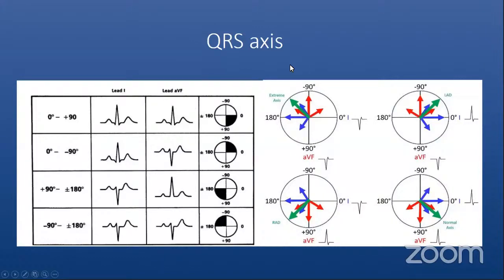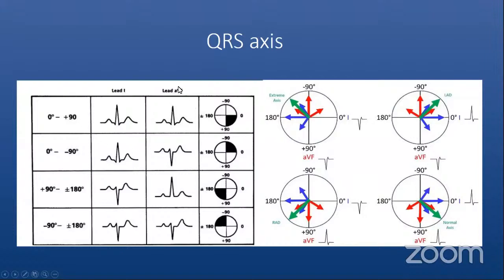So the simple way of remembering, or just looking at the ECG to see which axis it actually is, is to look at the four quadrants. In that quadrant, we know that lead 1 is in this direction, AVF is in this direction, okay?